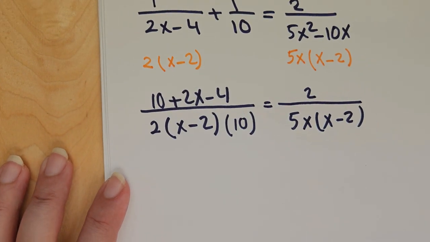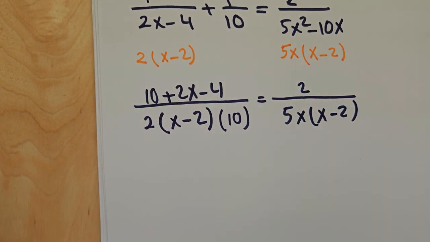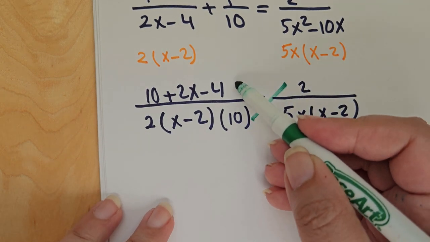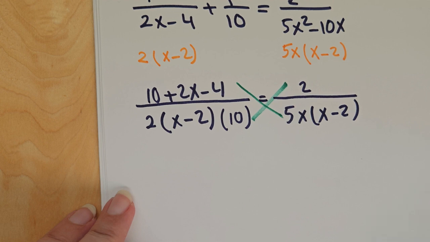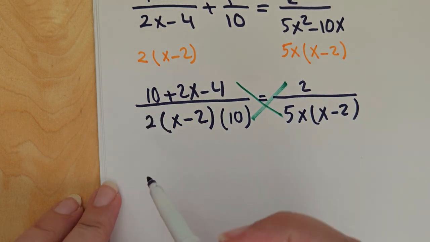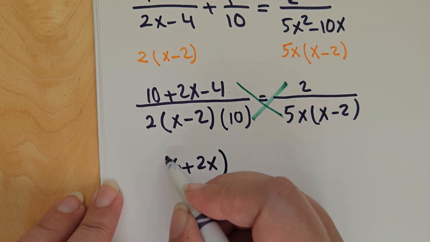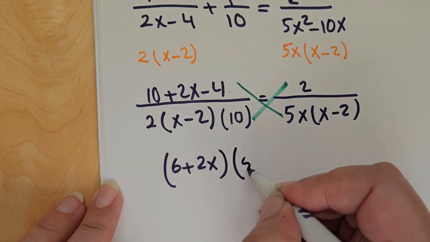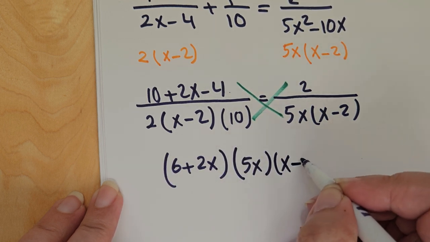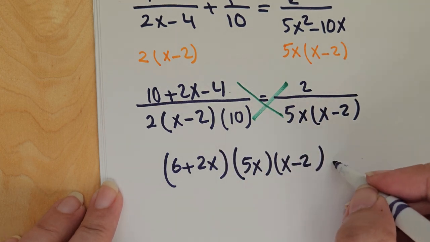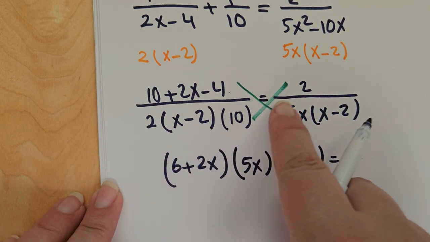What you can do here, exactly, cross multiplication. So 2x plus 6 multiplied by 5x, that multiplied by x minus 2 equals, now 2 times 10, 20, times 2, 40, x minus 2, perfect.